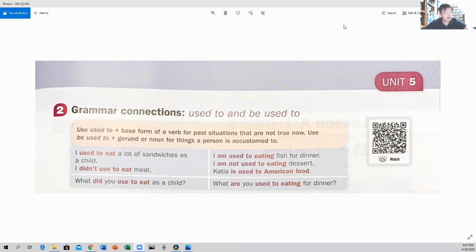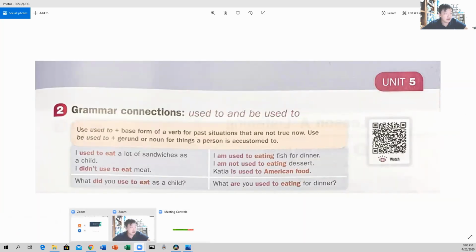So as you know, remember that you use used to plus the base form for past situations that are not true, and you use be used to plus gerund or a noun for things a person is accustomed to. Okay, so now let's go to our workbook to practice.